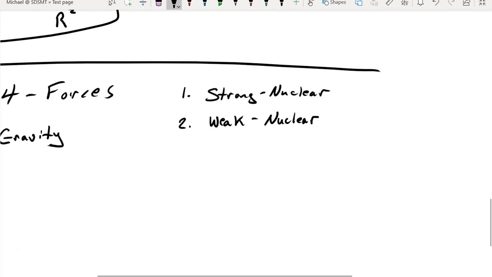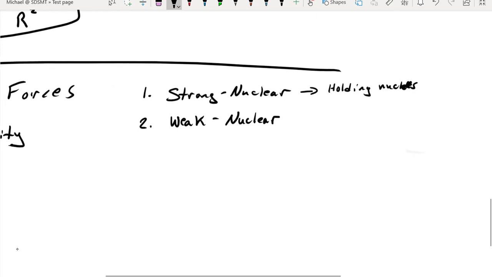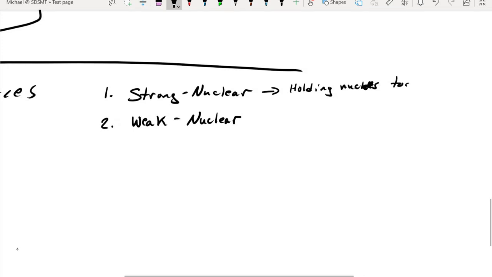The weak force is a little bit weaker than the strong force, but where the strong force deals with holding the nucleus together, the weak nuclear force actually deals with a phenomenon known as beta decay.